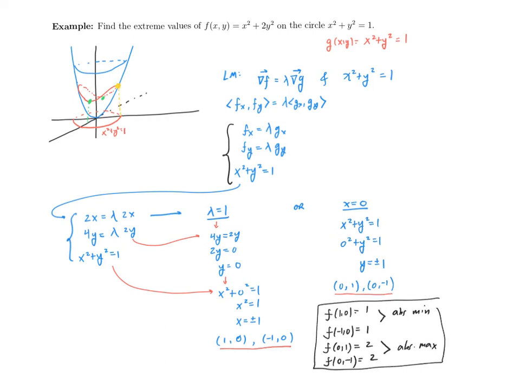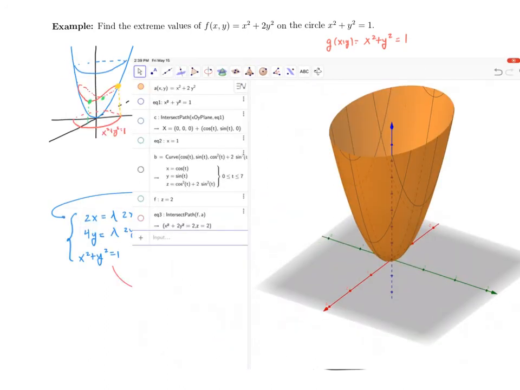So to finish up, because I know the work always seems really abstract, at least in the beginning, let me show you a hopefully much more clear GeoGebra image, which we can now see. In orange, we have the surface corresponding to the graph of x squared plus 2y squared, this paraboloid we indicated previously opening upward.